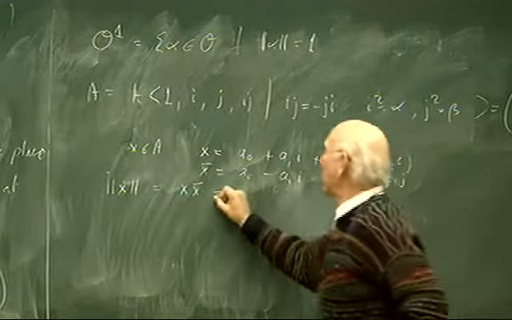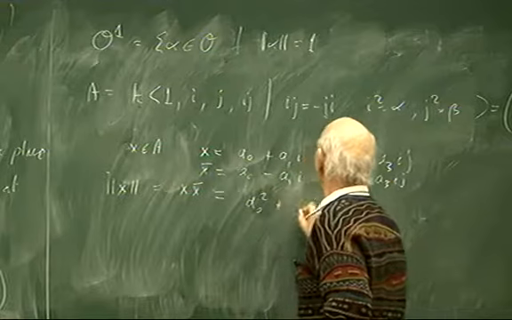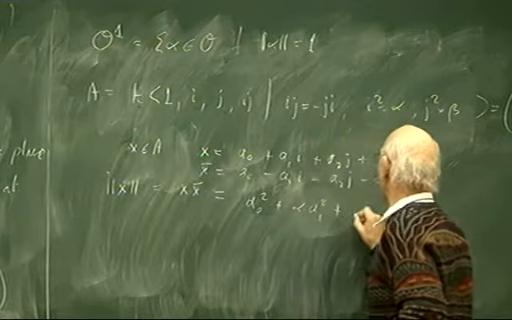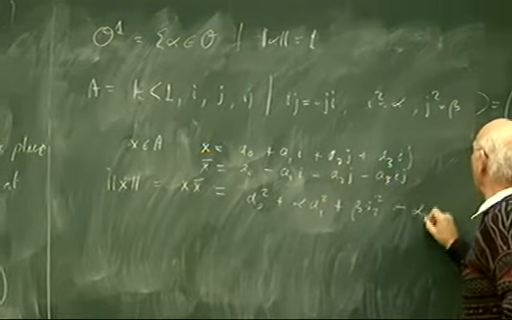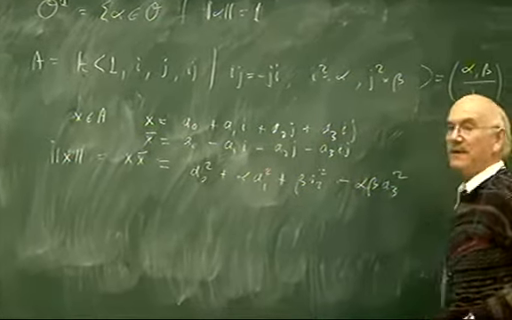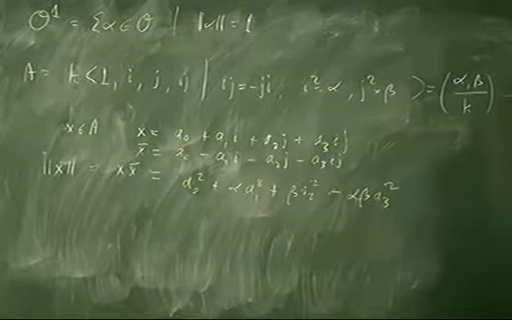If you work this out, this is A0 squared plus alpha A1 squared plus beta A2 squared minus alpha times beta times A3 squared.